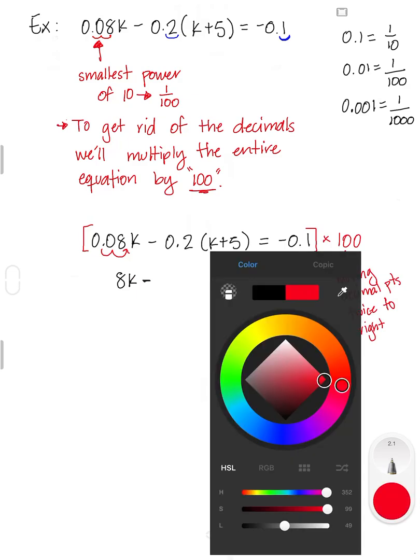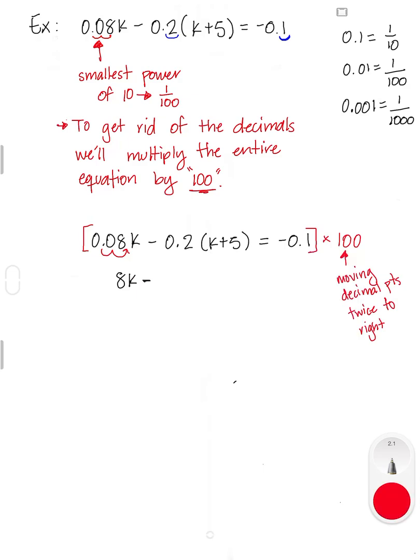Minus, now this 0.2, again we move it twice, so it's filled in with a 0 there. It's going to become 20 times k plus 5.